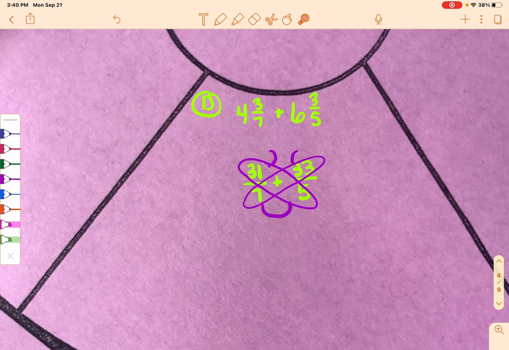Okay, now if I go through and look at these, I've got to multiply these two. So 31 times 5 is 155. In the other direction, 7 times 33 is 231. And I'm going to put those together to get the top.